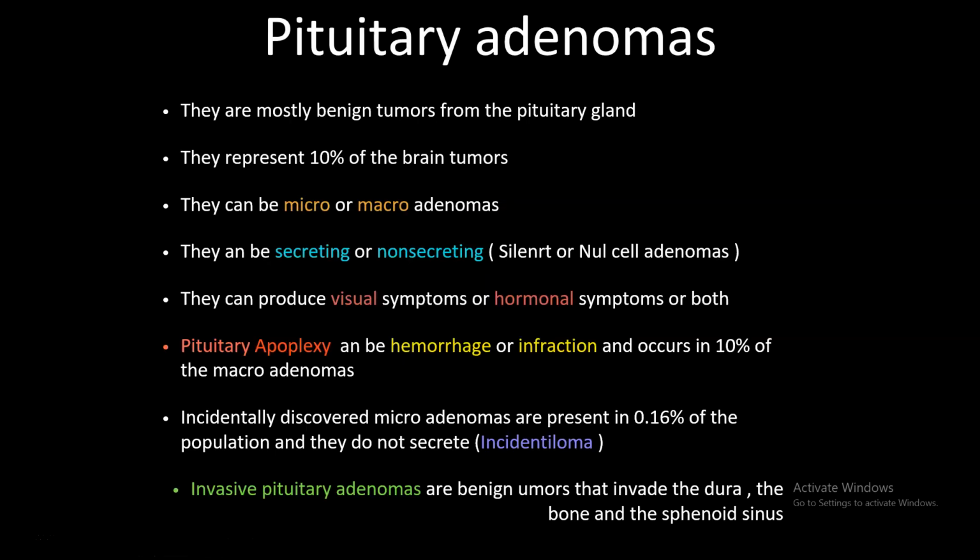Pituitary adenomas are common, 10% of the brain tumors. They are mostly benign. They can be micro or macro adenoma. They can be secreting or non-secreting.